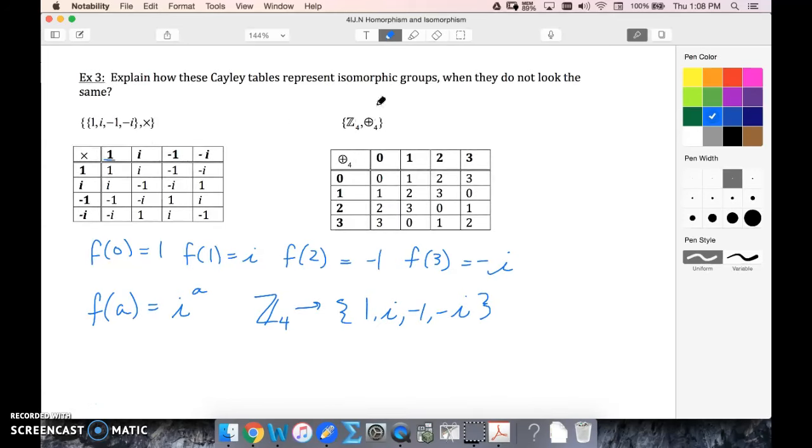So I've still got my two groups, and I've got my function. So now we want to show that f of a star b, so in this case our star is going to be our mod 4, because that's the one we're starting with, is equal to f of a blob f of b, in this case my blob is going to be multiplication.